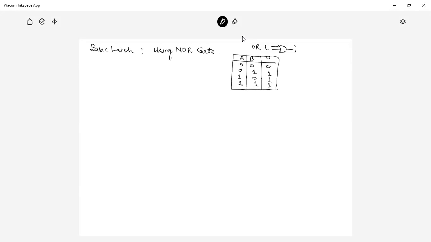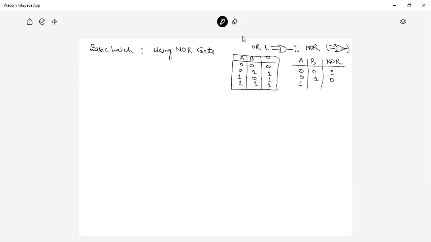That is clear. What about NOR? NOR has the circuit symbol with one bubble at the output, and suppose A is one input and B is another input. So the NOR output will be: if it is 0,0, then it is 1. If it is 0,1, it is 0.